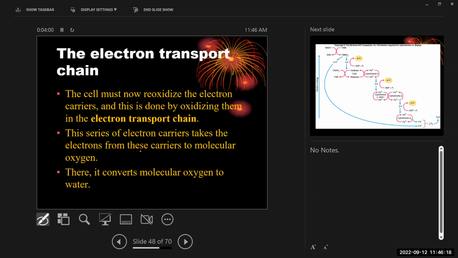What do you do with them? You give them to an electron transport chain. And the electron transport chain will carry those electrons down the chain, and it'll carry it to molecular oxygen. And it will reduce molecular oxygen to water. And in doing so, you convert something that is potentially deleterious to cells into something that's completely innocuous, water.